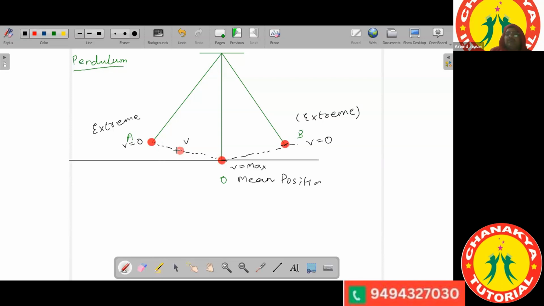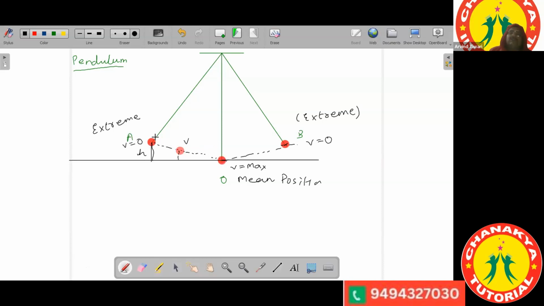Plus, you can observe that it is at a certain height from the mean level. At the two extreme positions, the bob is at a certain height from the mean position. As you can observe, there is a difference of height between the mean position and the extreme positions, right?